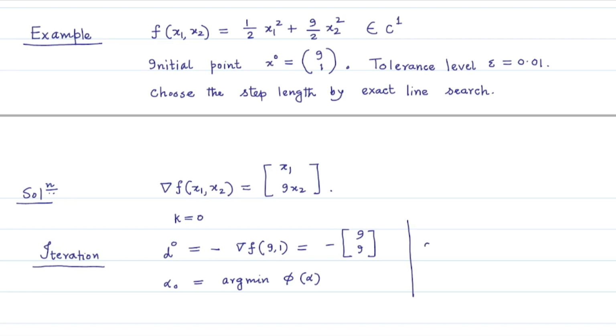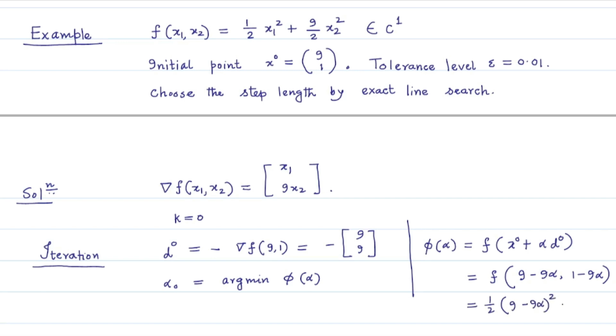where the function phi is given by phi(alpha) equal to f(x naught plus alpha d naught), which is f(9 minus 9 alpha, 1 minus 9 alpha), and hence it is half of (9 minus 9 alpha) square plus 9 by 2 into (1 minus 9 alpha) square.